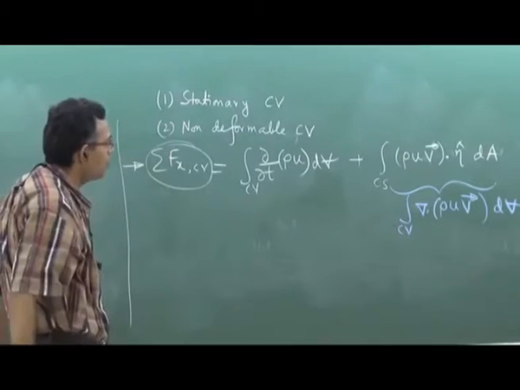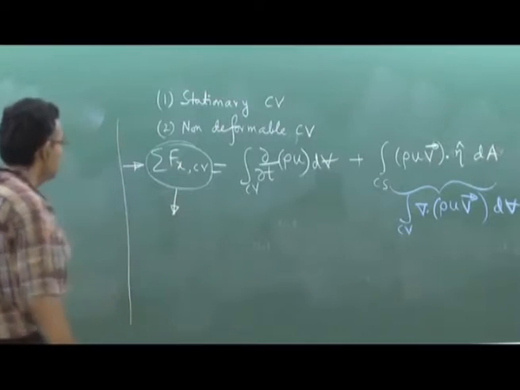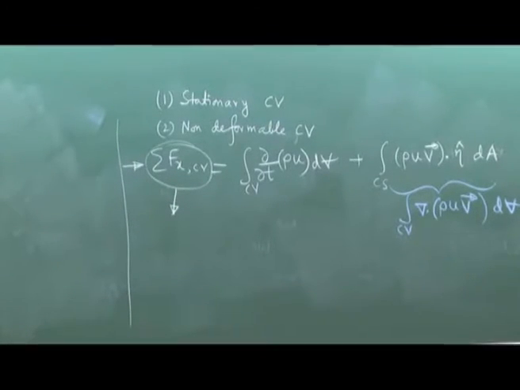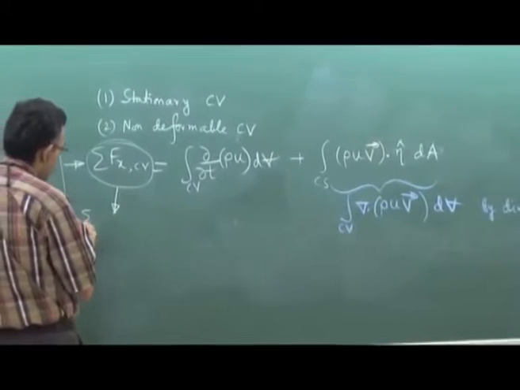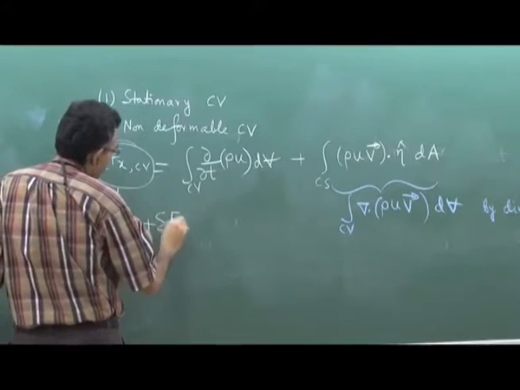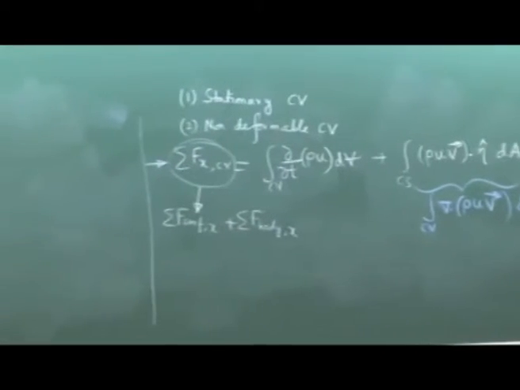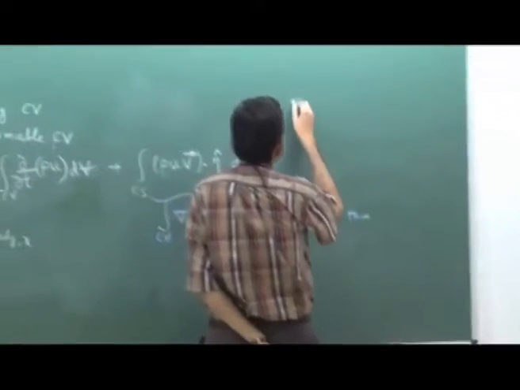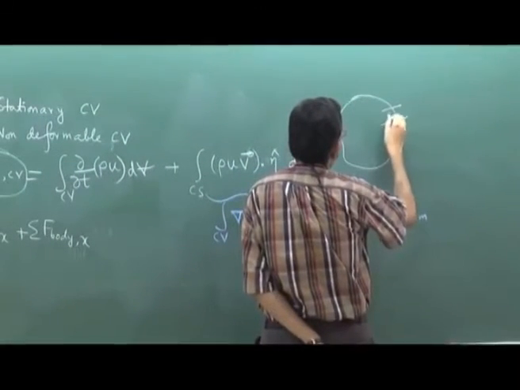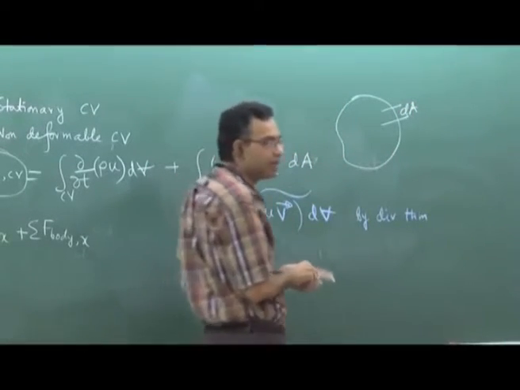Now what we will do is, we will write the left hand side, the resultant forces. Resultant force is summation of surface force along x plus summation of body force along x. How do you represent the surface force along x? So, you consider an arbitrary surface dA, then the force per unit area on this arbitrary surface is what?